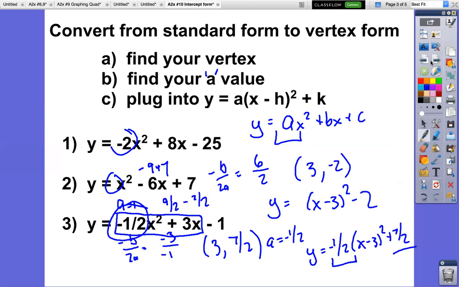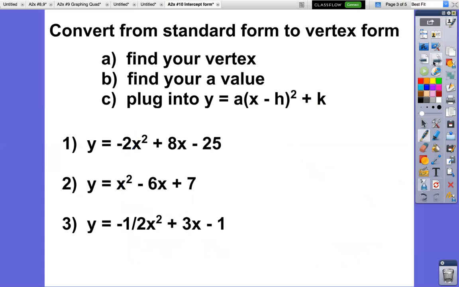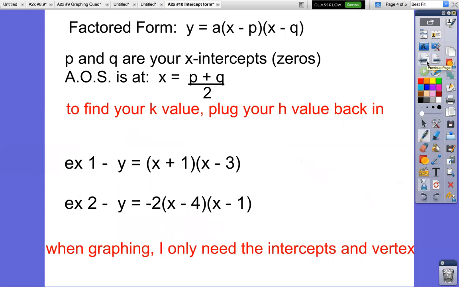All right. Let's move on. So now we've got a third way: factored form, also called intercept form. Again, your A value is that coefficient on the outside.